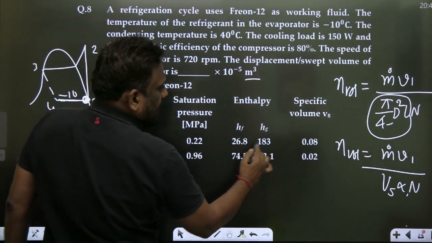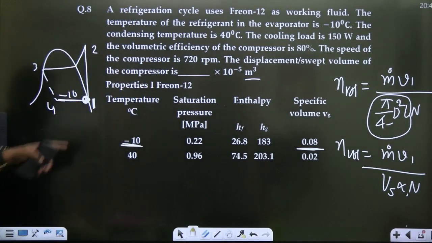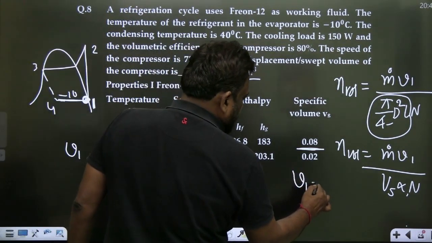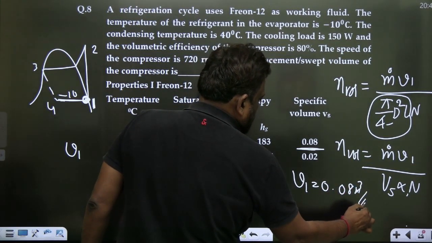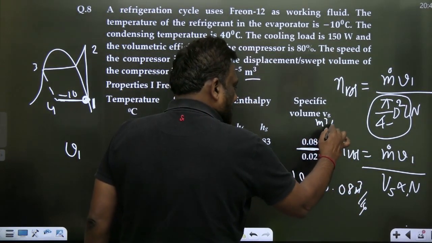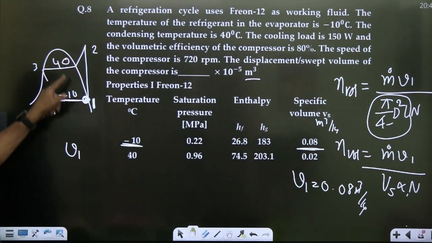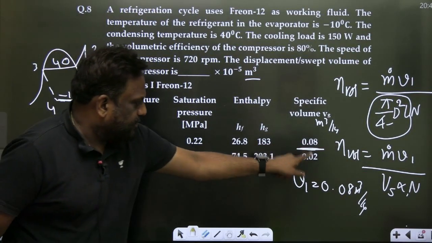The specific volume of vapor is 0.08 meter cube per kg. No problem at all. Because this is -10 and the higher temperature is 40, the entry is occurring at -10 degrees centigrade. Therefore it is 0.08.